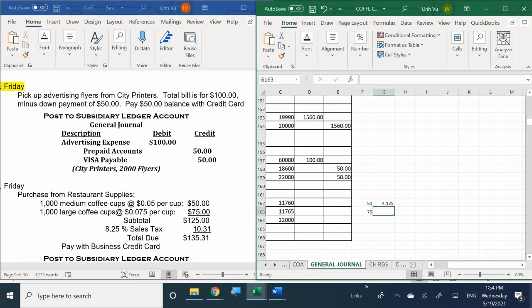Go ahead and multiply across for your total tax. I got 4.13 to go with the $50, making it 54.13, and the other one is 6.19.